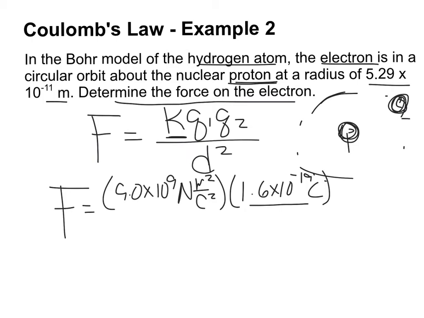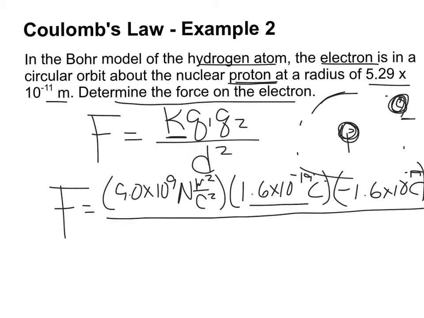The electron is also made up of the fundamental charge, but it's a negative value. So anytime you have an electron, its charge is going to be negative 1.6 times 10 to the negative 19 coulombs. We're going to divide by the separation distance between these charged objects, 5.29 times 10 to the negative 11, and that's in meters, and that's squared.